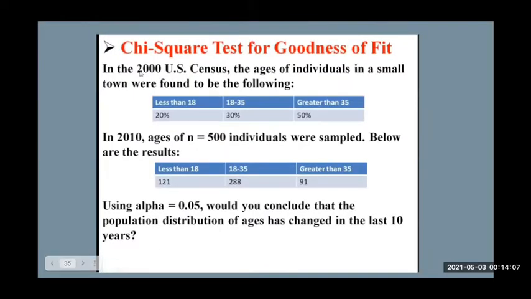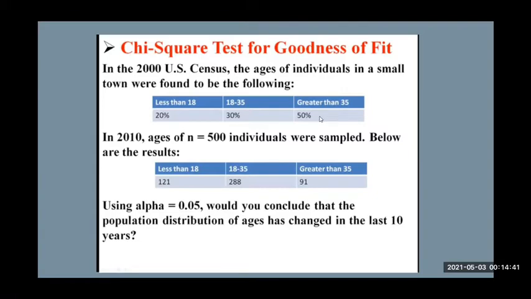So for the chi-square test for goodness of fit, this is our example. In the 2000 US Census, the ages of individuals in a small town were found to be the following: less than 18 is 20%, 18 to 35 years old are 36%, greater than 35 are 50%.